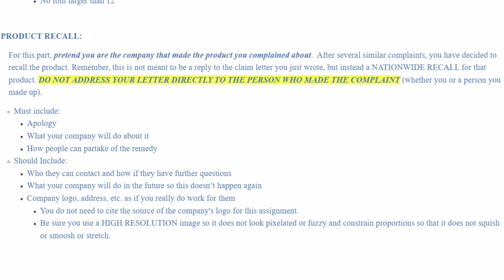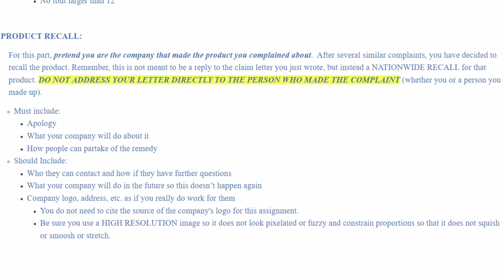It's going to include what your company is going to do about this to fix the situation, and it's going to include instructions for how people can get their money back, return their product, get a replacement product, or whatever it is that you deem is the appropriate response. It should also try to include who to contact if they have any other questions, and what your company is going to do to make sure this sort of thing doesn't happen for them in the future. Things that you would do to try to calm customers and keep them as customers in the future.